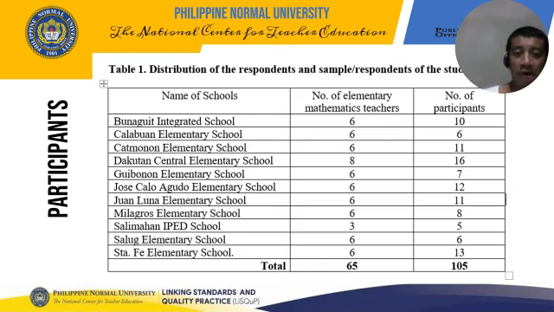For Usikalo Agudo Elementary Schools, 6 elementary teachers and 12 participants. For Juan Luna Elementary Schools, there are also 6 elementary mathematics teachers and 11 participants of this study. Milagros Elementary Schools, 6 elementary mathematics teachers and 8 participants.